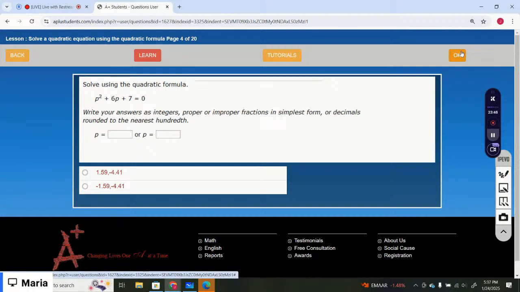P square plus 6p plus 7 equals 0, which is the correct option. The correct option is, I'm just guessing, option number 2.